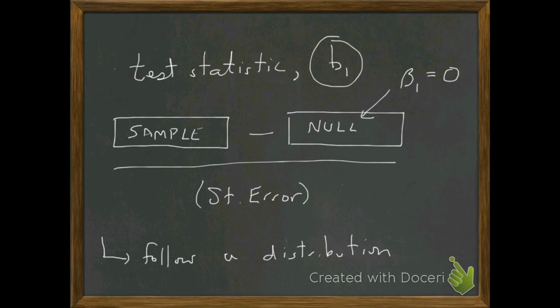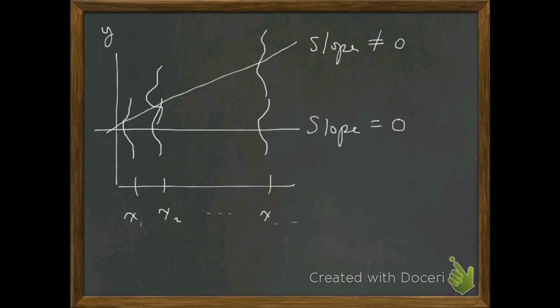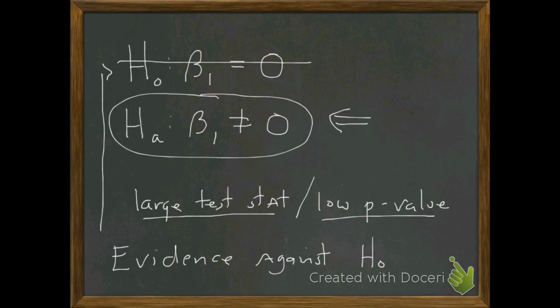And our standard error will be the standard error, of course, for B1. And we're going to ultimately see that this follows the t-distribution with the particular degrees of freedom. Now, next thing we'll want to do, if we do get statistical significance and we reject the null, then we're saying our slope is not 0.